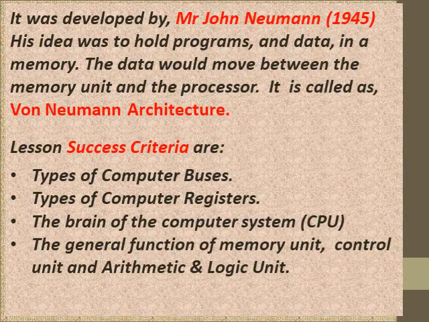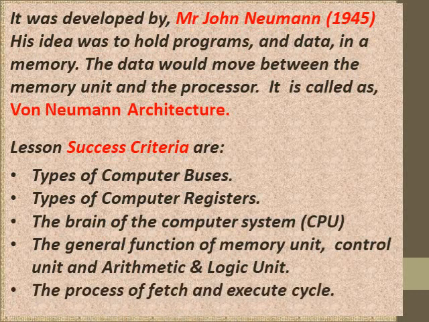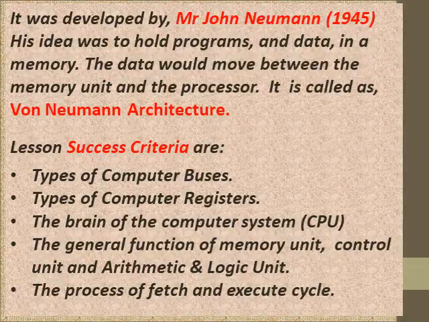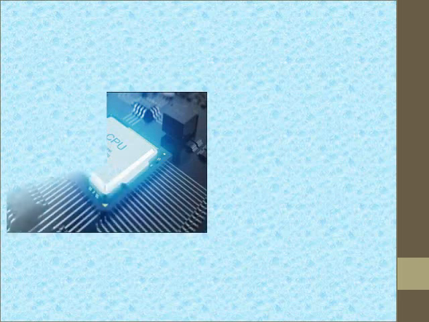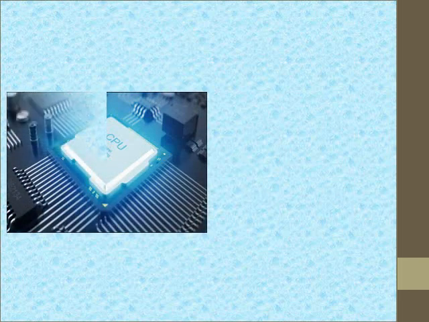The general function of ALU, which is also known as arithmetic, logic unit. Last but not least, is the procedure involved in the process of fetch and execute cycle. You may refer to your textbook. This chapter is covered in page 45 to page 49.